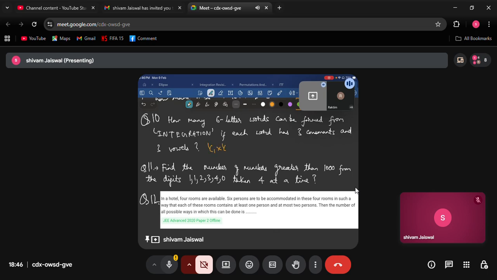1C1 into 1C1 into 3C1. No, no, not this one. 1C1 into 3C1 into 2C1 into 3C1 into 6 factorial divided by 2 factorial whole square.